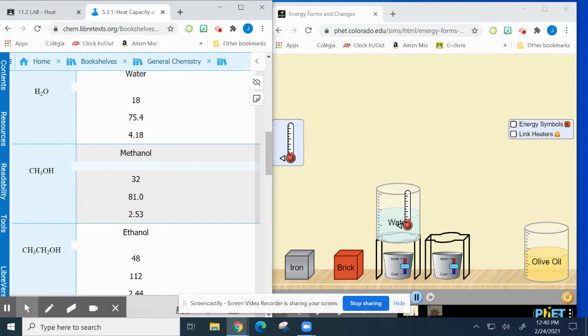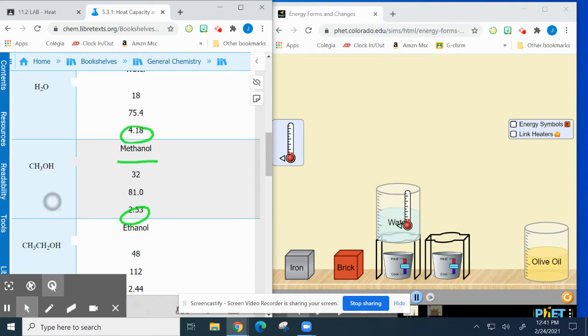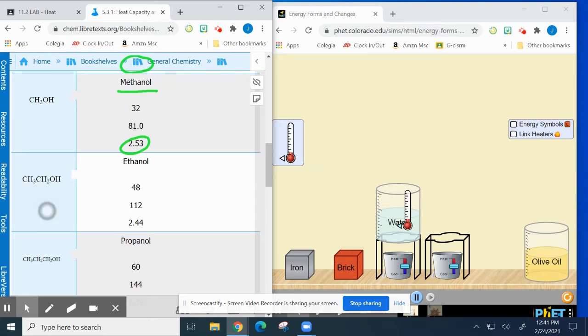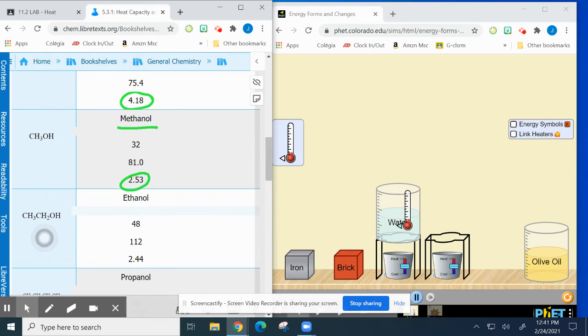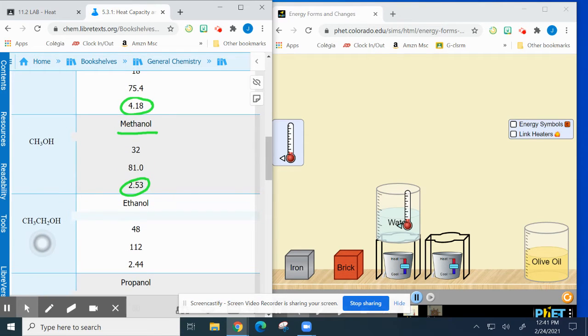The specific heat of water is 4.18 joules per cubic centimeter. Methanol, a kind of alcohol, has a specific heat of 2.53, and ethanol has a specific heat of 2.44. So 2.4 versus 4.1, it's not quite half, it's maybe 3/5 or so.